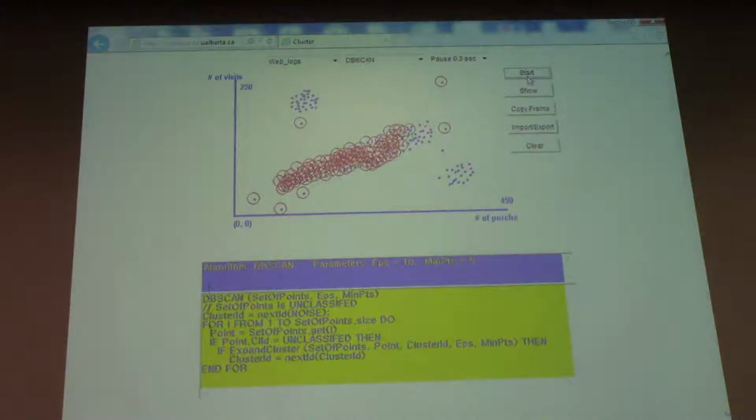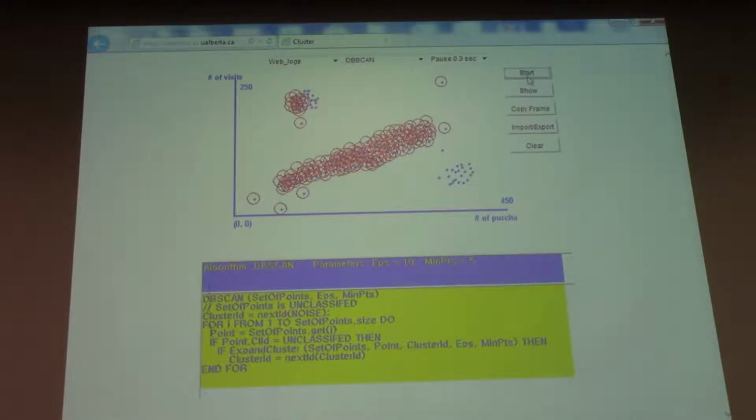Then once this one is done, you will test the other.